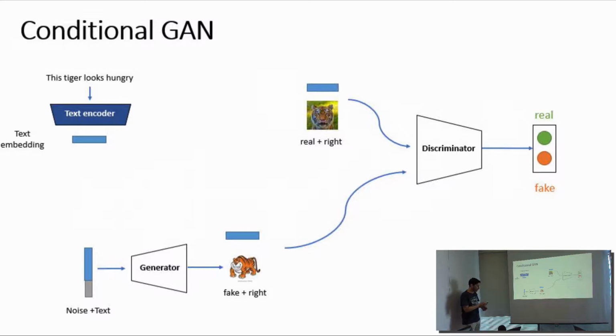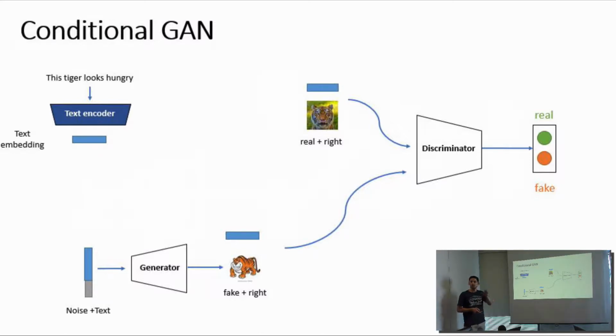Here the conditioning will naturally be the text. For example, assume that we have some text here, "This tiger looks hungry," and we would like to condition our generator on this information to generate a tiger that looks hungry.